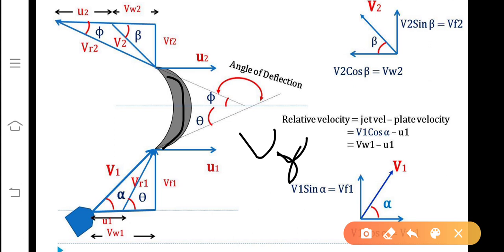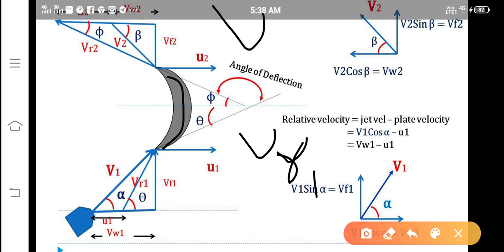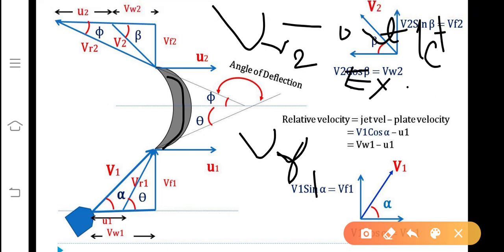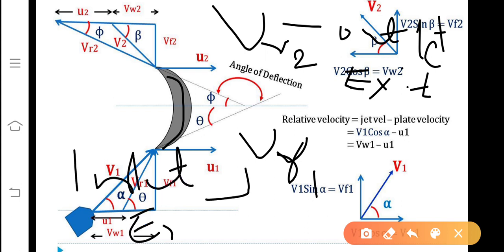Whatever relative velocity we are considering at inlet is denoted by VR1. The same, if we want to say at outlet, we just have to write suffix 2. This is corresponding to the outlet or exit. This is corresponding to inlet or entry.